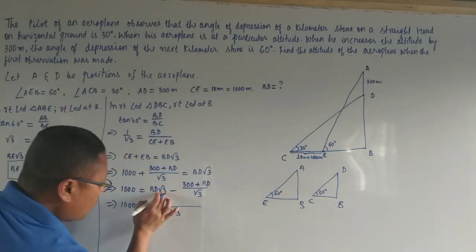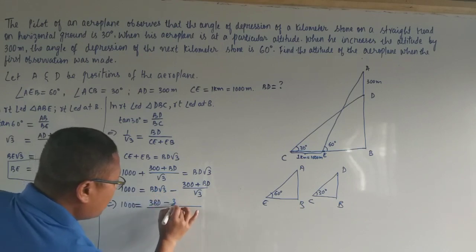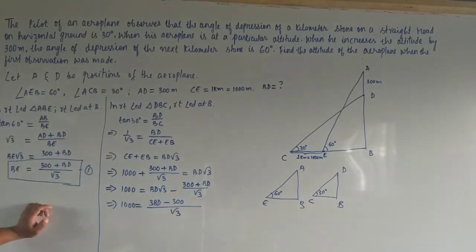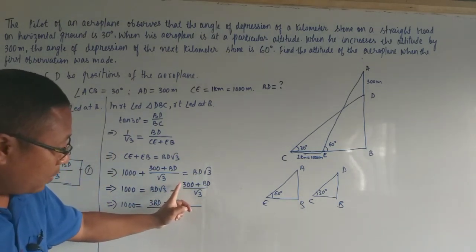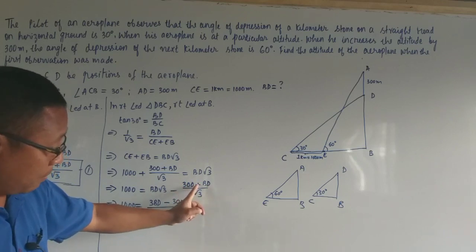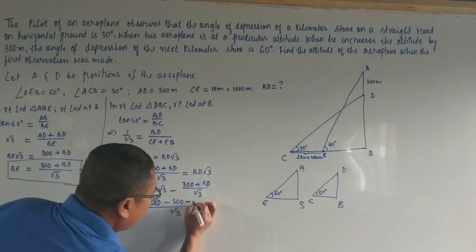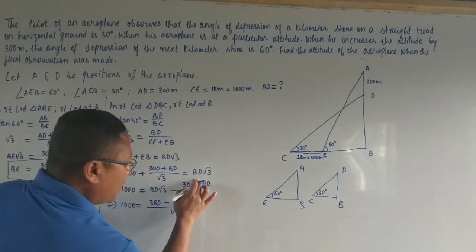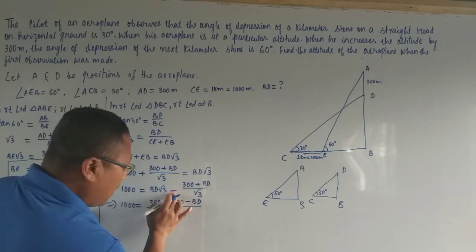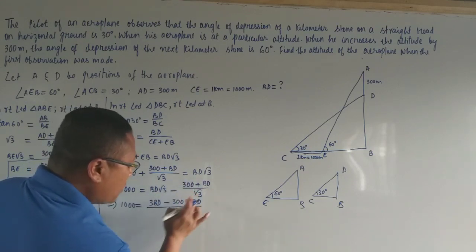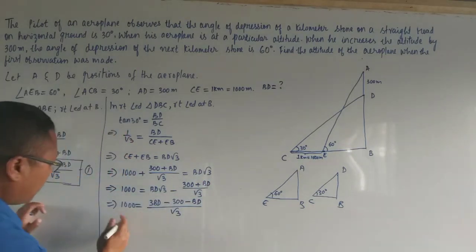So √3 into √3 will be 3. So 3BD minus 300 minus BD. Now you need to be careful with the sign here, because this minus has to be multiplied with 300 as well as the plus BD that we have here. So on opening the bracket, or on multiplying this minus to both the values, both will become minus. Let's cross multiply again.